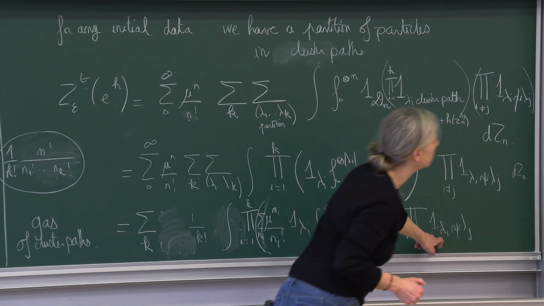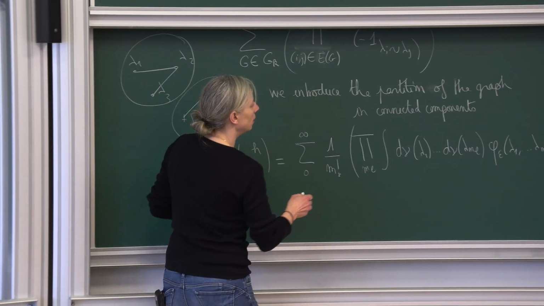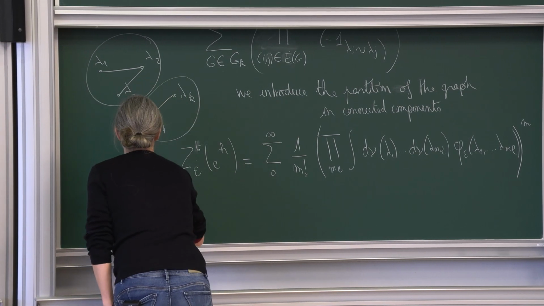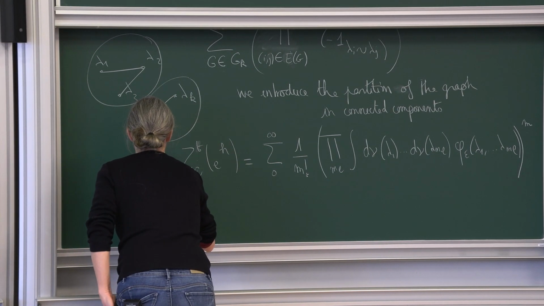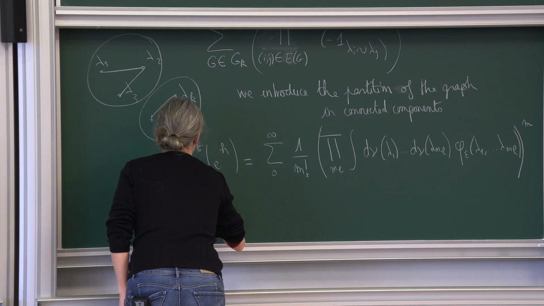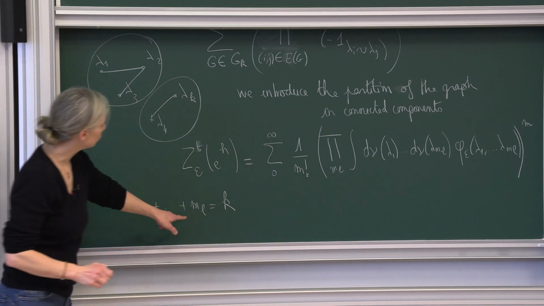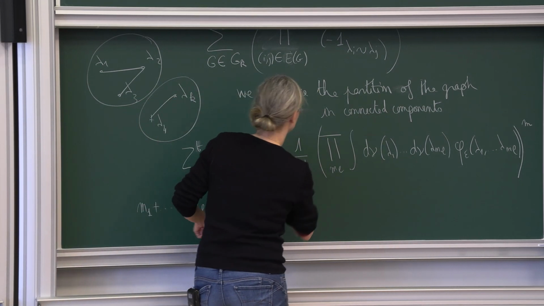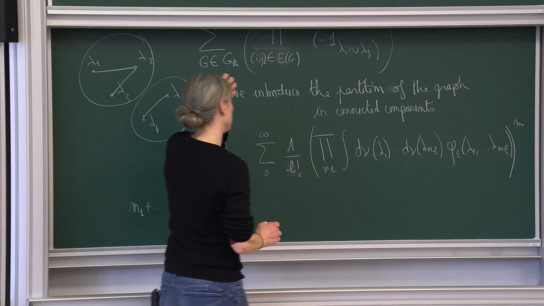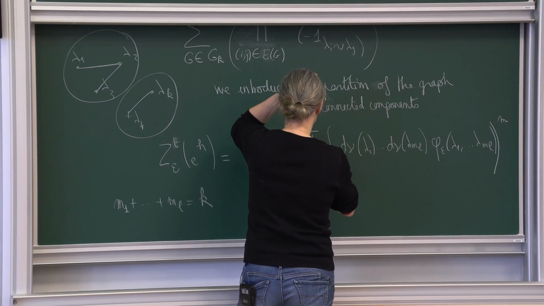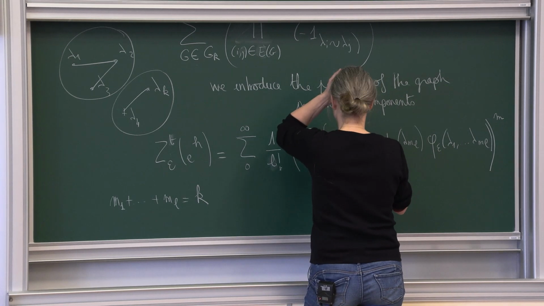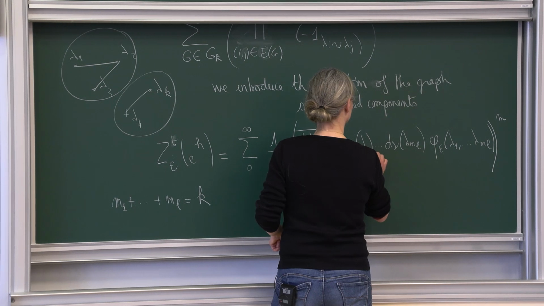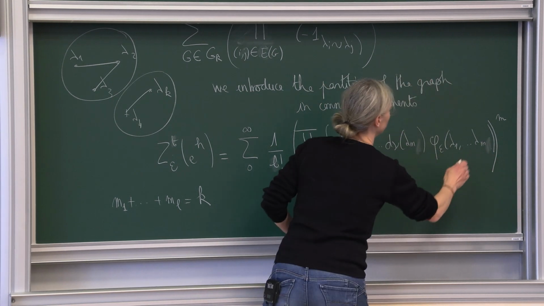Okay, and now I'm just expanding this and this. So now here what I have is a partition in, say, m1 plus ... plus m_l equal to k. So I have a partition in L components. Okay, the notation is just horrible, I will try to avoid this.